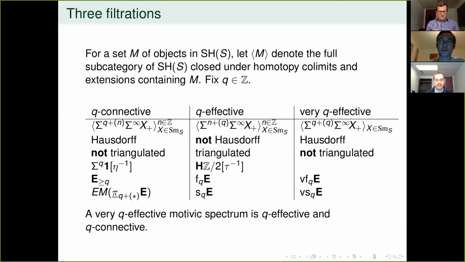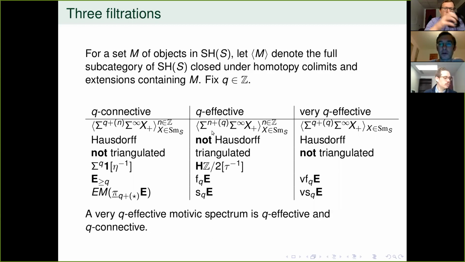Here's a short recollection on the filtrations I defined, and they were in some sense all defined in the same manner. So you take some set, for example, some kind of suspensions of smooth schemes, and then you look at the full subcategory closed under homotopy limits and extensions, which contains this set. So for a fixed integer q, we have the q connective subcategory, the q connective motivic spectra, where you let the weight wander through all the integers.